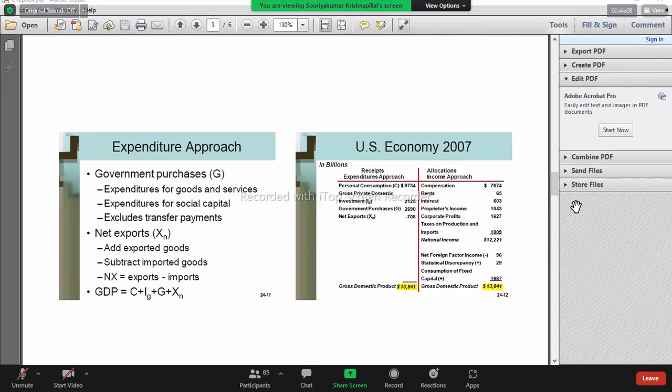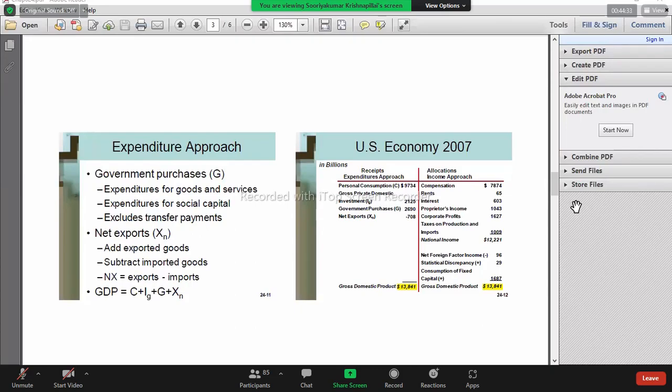So here net foreign factor income is minus 96 billion. That means the American resources supplied to production in the foreign country is 96 billion. So that is production of other countries' products, so it should be subtracted, not counted domestically.